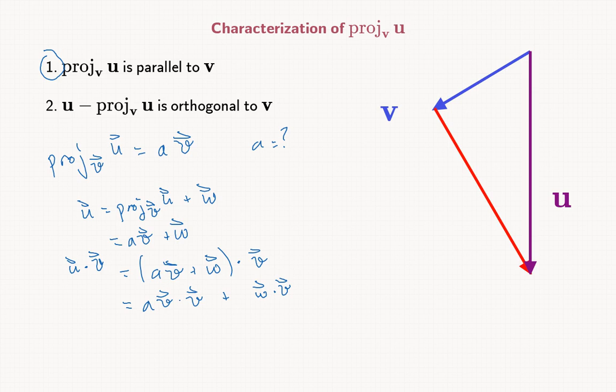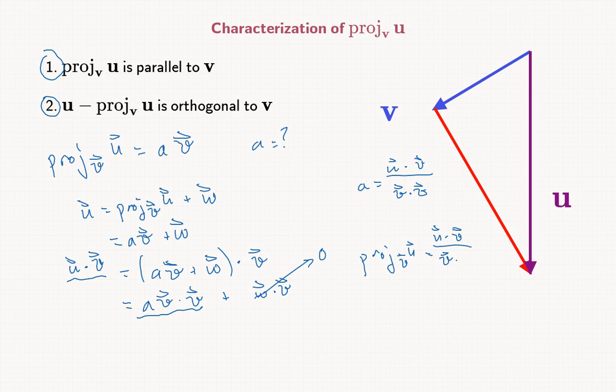But since we said that w is orthogonal to v, this term cancels out. So we get u dot v is equal to a v dot v. So we solve, we get that the coefficient a is u dot v over v dot v, and so proj sub v of u is u dot v over v dot v times v. So that's another way of seeing this formula.